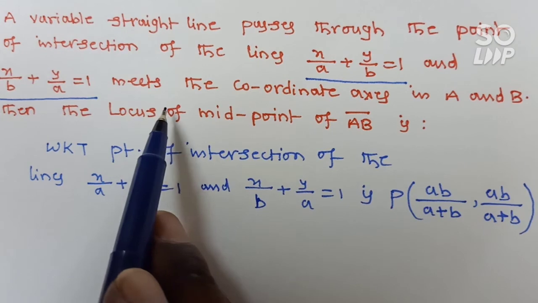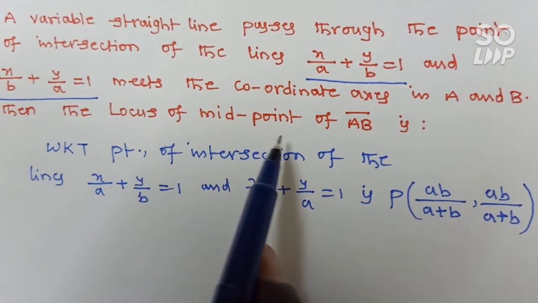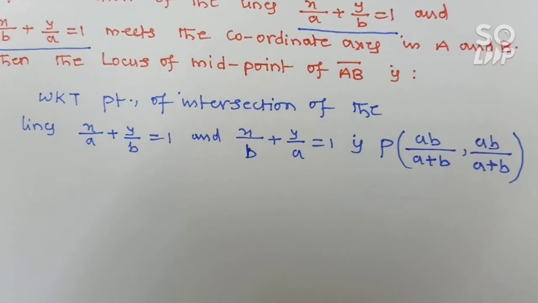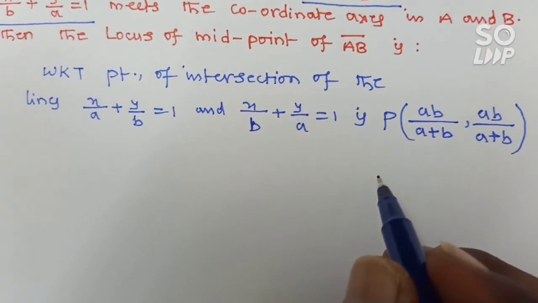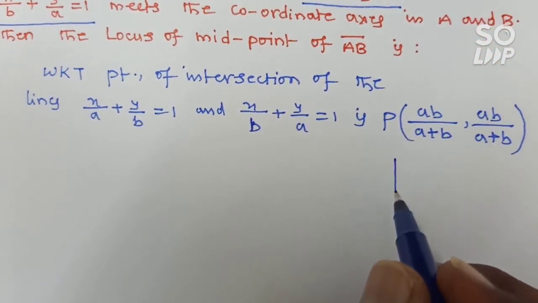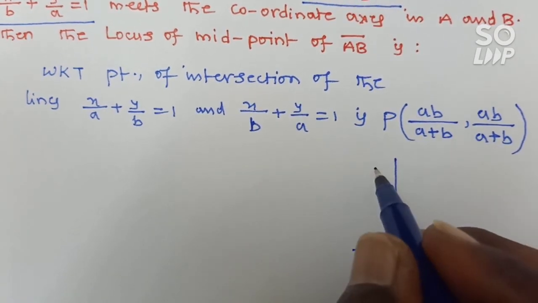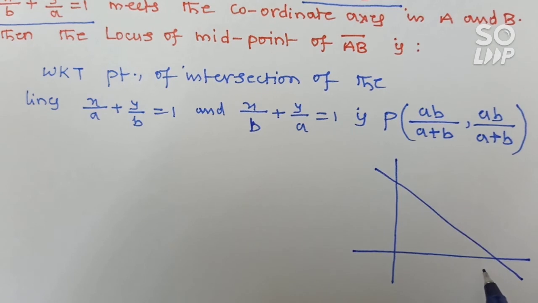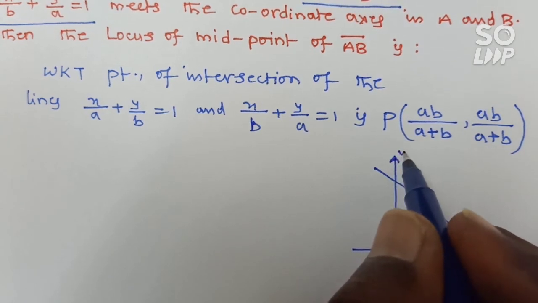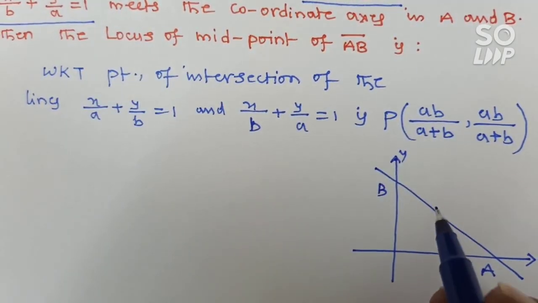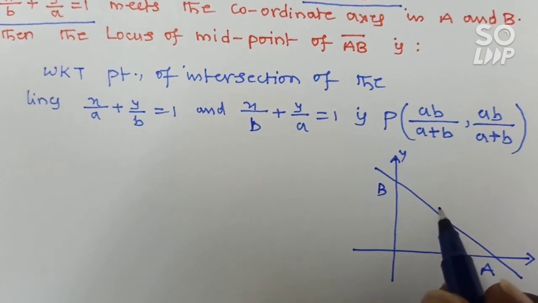So now you see this question: the locus of midpoint of AB. Here you understand this one. A variable line meets the coordinate axes, the x-axis and y-axis. This is that variable line. It meets the x-axis at A and the y-axis at B. Then we have to find the locus of midpoint of AB.